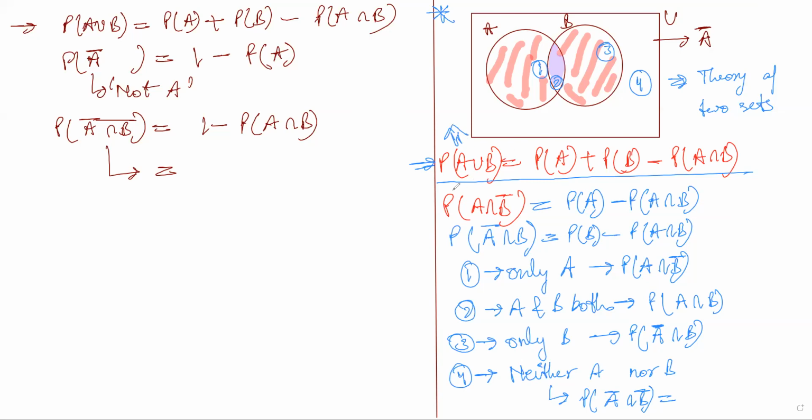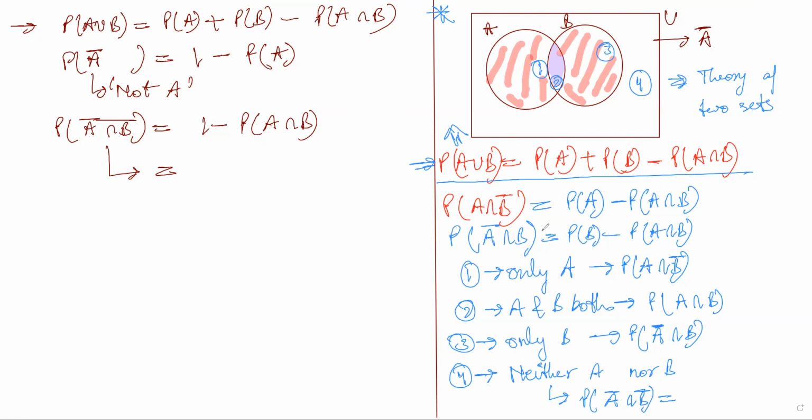A union B. Which portions does A union B contain? 1 and 3, but not 2. Why, Nazia? Not 2, why? A union B means A or B, either A or B. A intersection B is A and B both, right? If we have both the events present, it is basically fulfilling our condition, na?